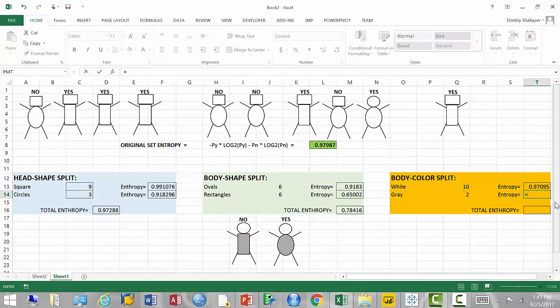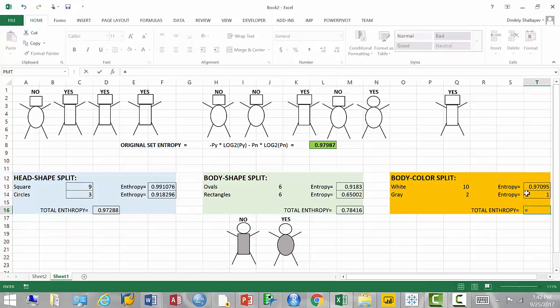Just for the heck of it, let's compute it. Minus 1/2 times log of 1/2 base 2, plus another 1/2 times log of 1/2 base 2. Kaboom, here's your 1. And now I mix them together to calculate the weighted entropy of the split.